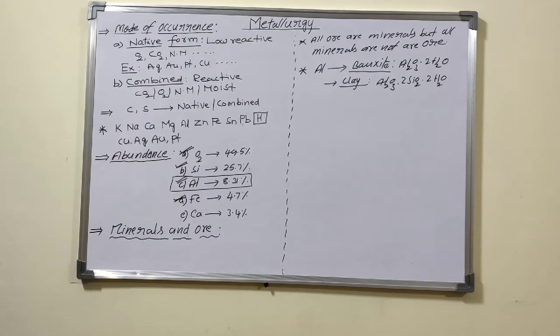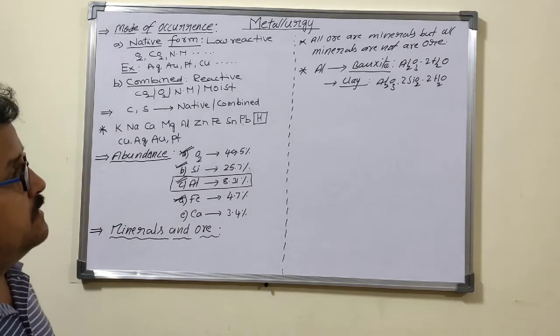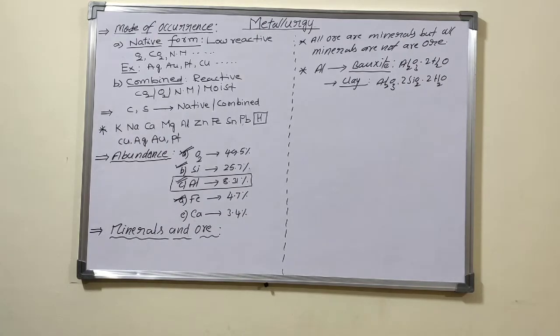Both are forms of aluminium only, one is bauxite and one is clay. Bauxite has water and oxygen, and clay has silicon dioxide, hydrogen and oxygen.